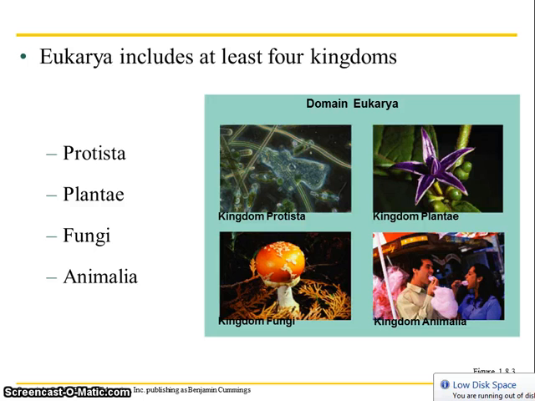So to remember the taxonomic categories, what we say is, King Philip came over for good sandwiches. K stands for kingdom, King Philip. P stands for phylum. C, class. O, order.